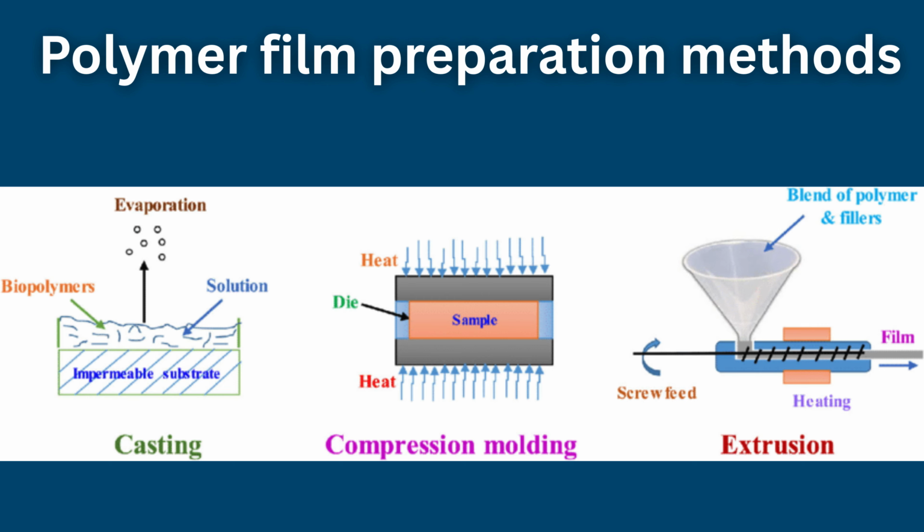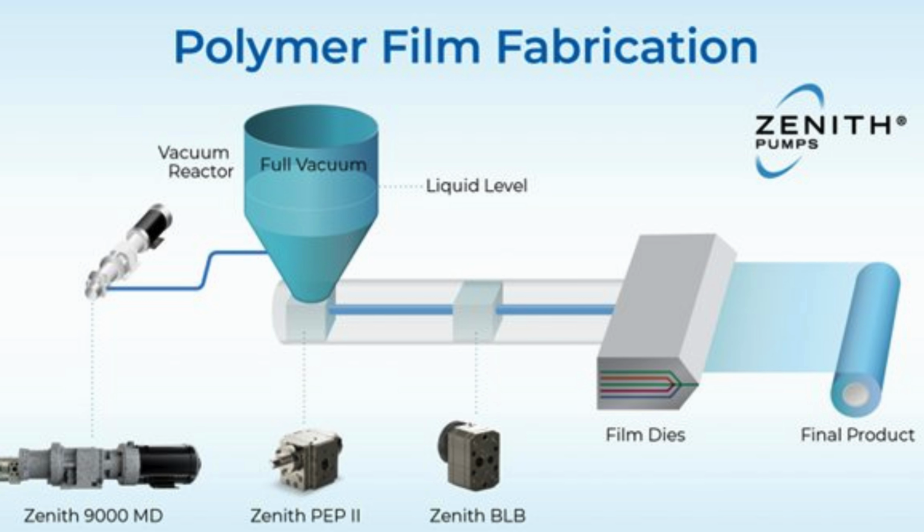Processing conditions, including temperature, pressure, shear forces, and solvent evaporation rates, must be carefully controlled to achieve the desired film characteristics. The nature of the substrate, including its surface energy, roughness, and chemical compatibility, also influences adhesion and uniformity. Environmental conditions such as humidity, airflow, and contamination further contribute to variability in film quality.